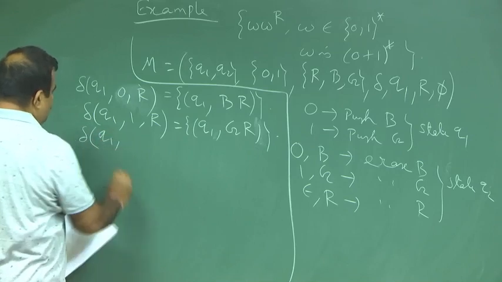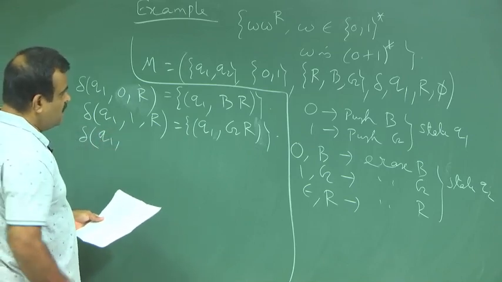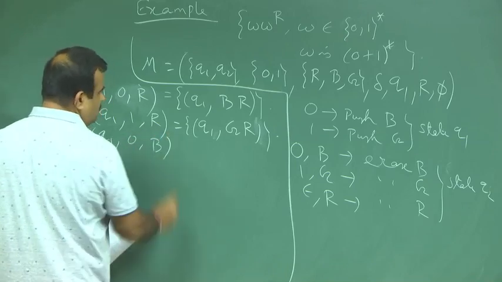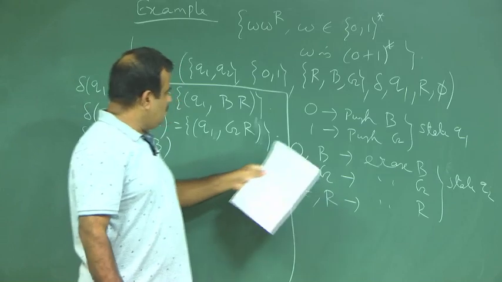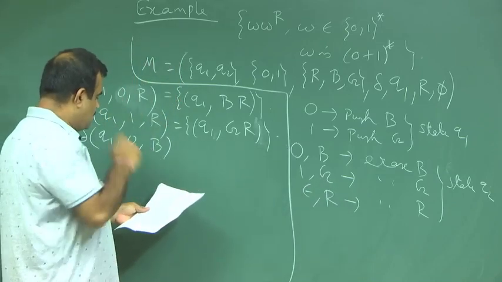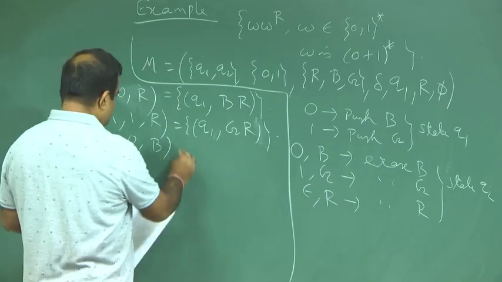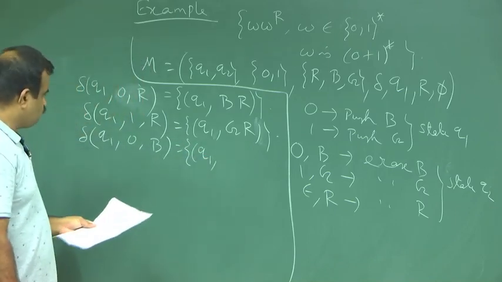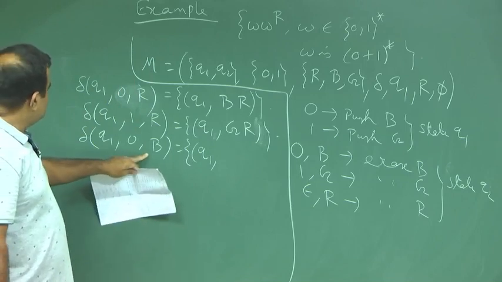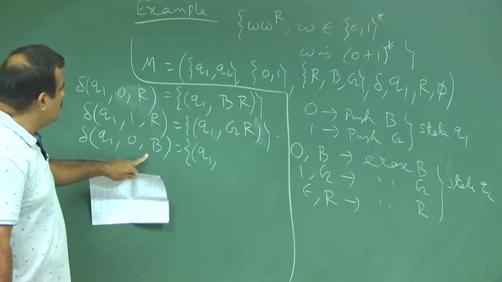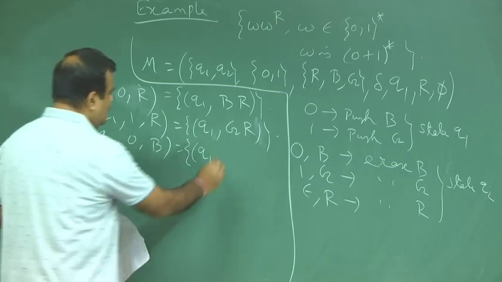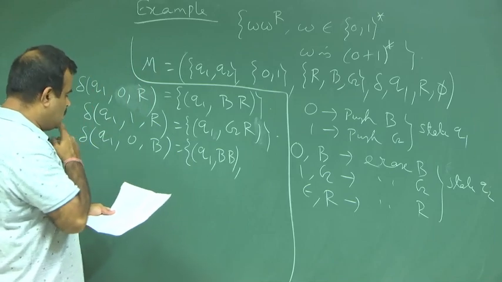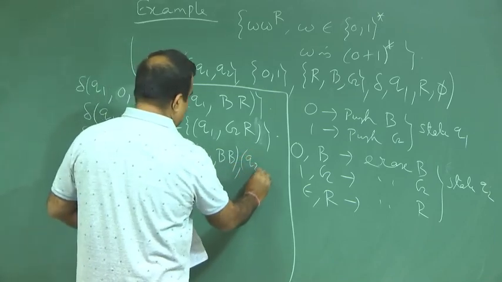So, delta of Q1 0 B. If we see 0 B, then we have two options like this. We can go to Q1, then 0 B means if we see 0 we push B, that is one option, or we go to Q2 with epsilon.